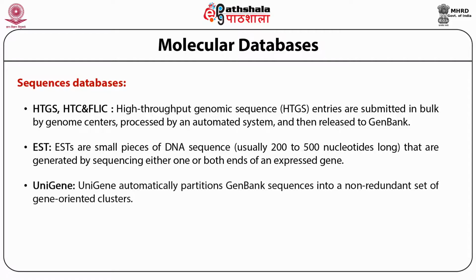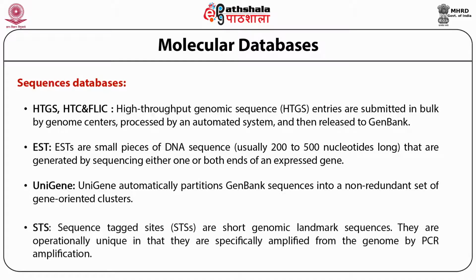Similarly, Unigene automatically partitions GenBank sequences into non-redundant sets of gene-oriented clusters. Similarly, the sequence tagged sites, STS, are short genomic landmark sequences. They are operationally unique and specifically amplified from the genome by PCR amplification. So these are some basic sequence databases which are associated with the NCBI.